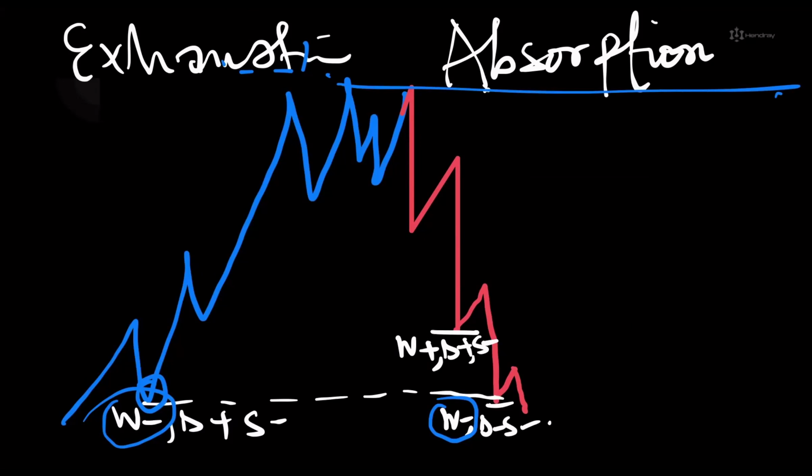Price is not diverging. Let's say here, what we have is also W plus, D plus, S minus. Look at what I'm talking about. The aggressor that reached this low is also W plus. And this is also W plus. But the aggressor that reached this particular one is W minus.